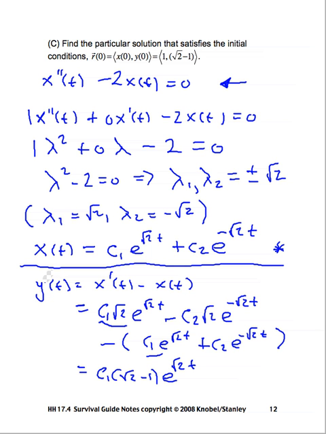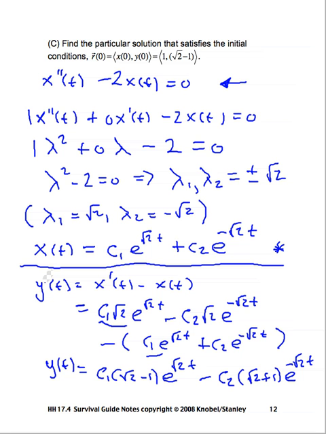So I've got a negative c2 times the square root of 2, and then I'll have a negative c2. So I'm just going to write this as minus, factoring that negative sign forward since I have two negatives, and then I'll write this as the square root of 2 plus 1 e to the minus square root of 2 times t. So that's y of t.